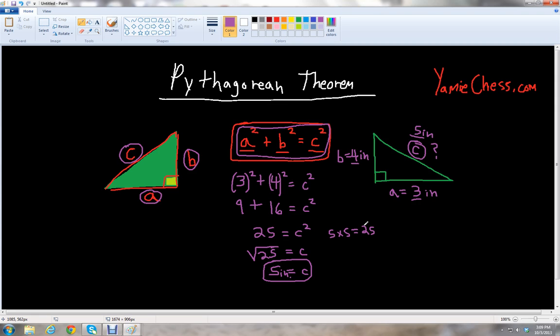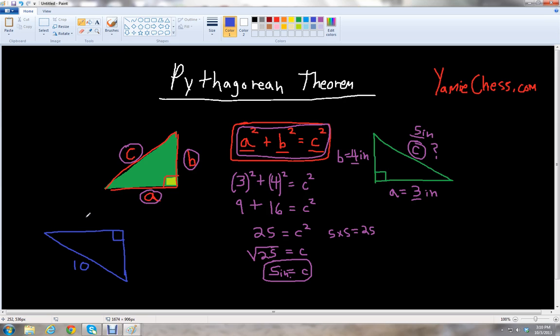Okay, now let's look at another example. Right triangle. This time we're given the hypotenuse, 10, and one of the legs.